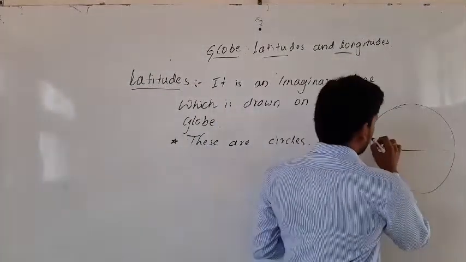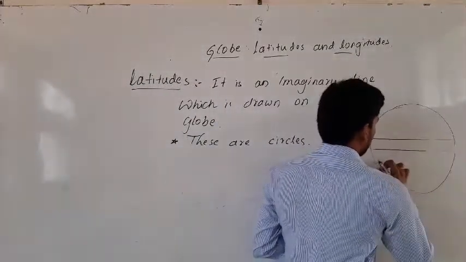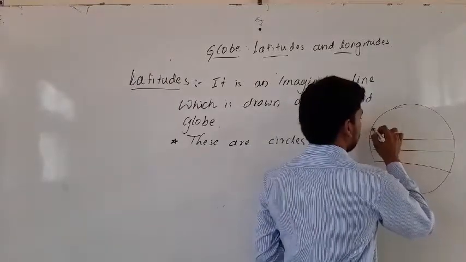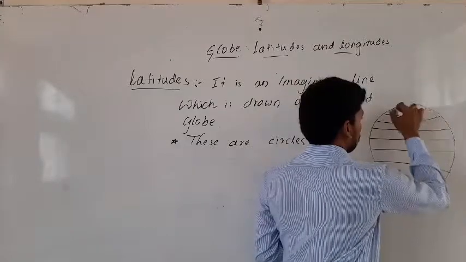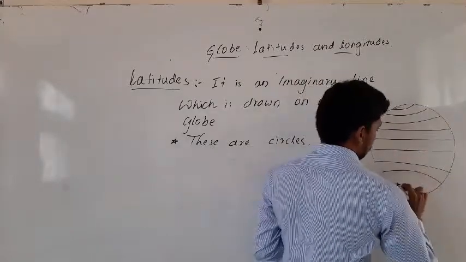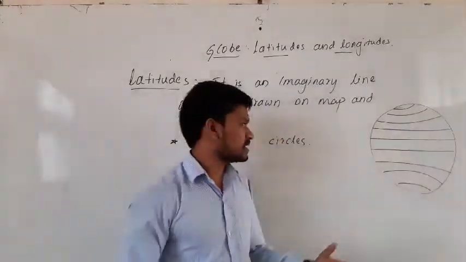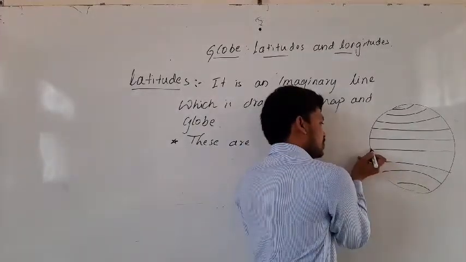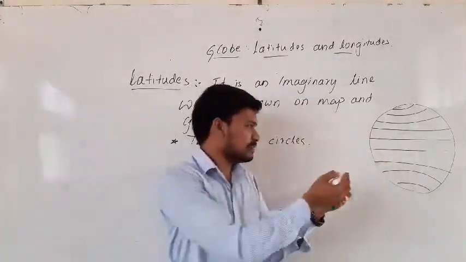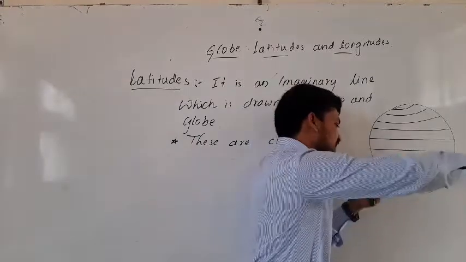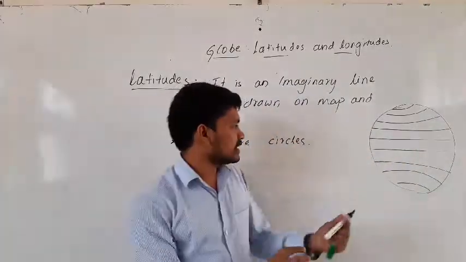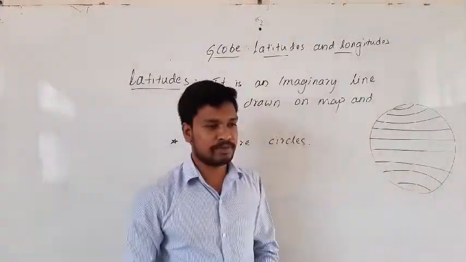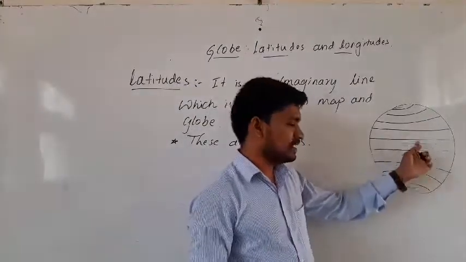If you start to draw these latitudes from west to east, from some point, it will end at the same point. It will not intersect with any other lines or any other latitudes.